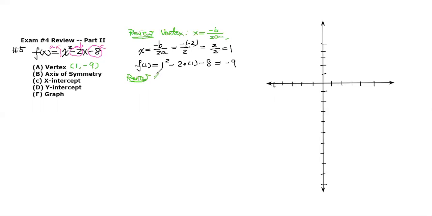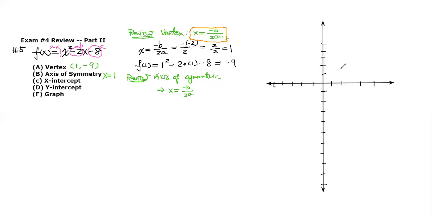Anybody remember the axis of symmetry? The axis of symmetry is x equal to what? x equal to whatever you figured from the vertex's x coordinate, which is negative b over 2a. So the axis of symmetry here is x equal to 1. Let's try to plot those points first.